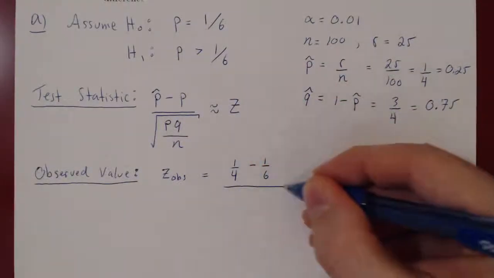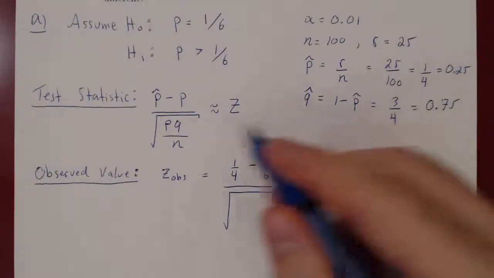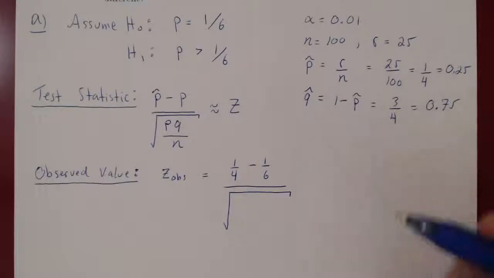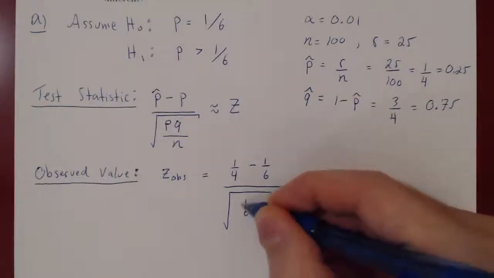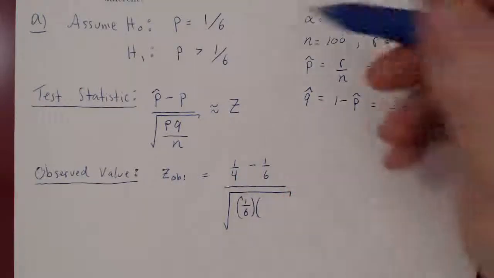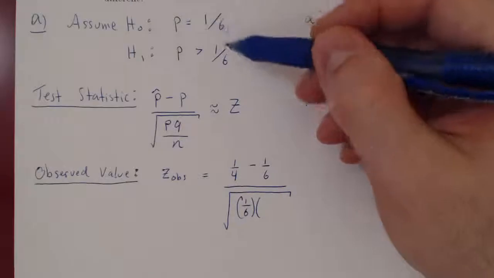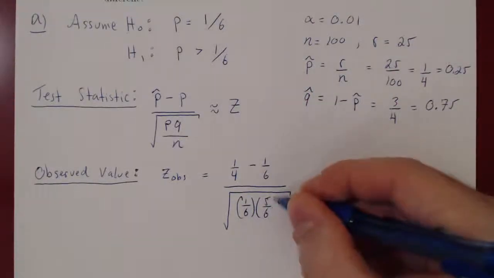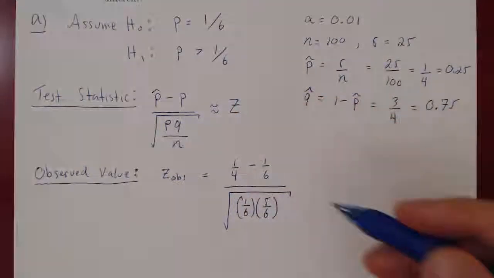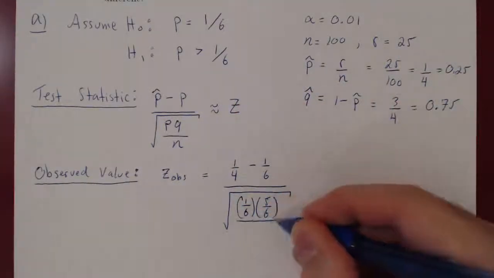And we divide by the square root of pq over n. Well, p is 1 out of 6 times q. Well, q is the complement of p, so it's 1 minus p. 1 minus 1 over 6 is 5 over 6. And we divide pq by n, and here our sample was 100.